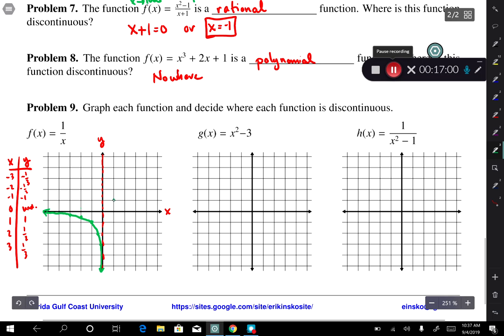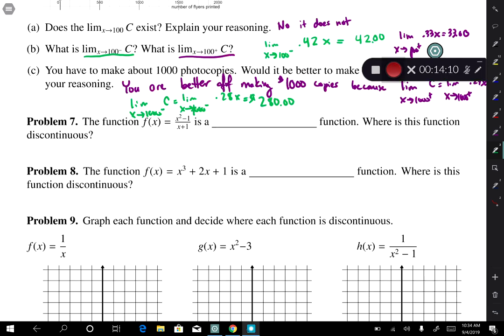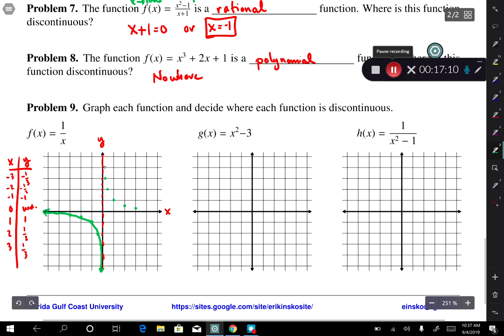On the flip side, I can plot these points that we've already marked, and then again, if I plug in 1/2, I'm going to get 2, and if I plug in 1/3, I'm going to get 3, and if I plug in 1/4, I'm going to get 4. So the function looks something like this. So we have a vertical asymptote at x equals 0, and let me just write down some of these behaviors.